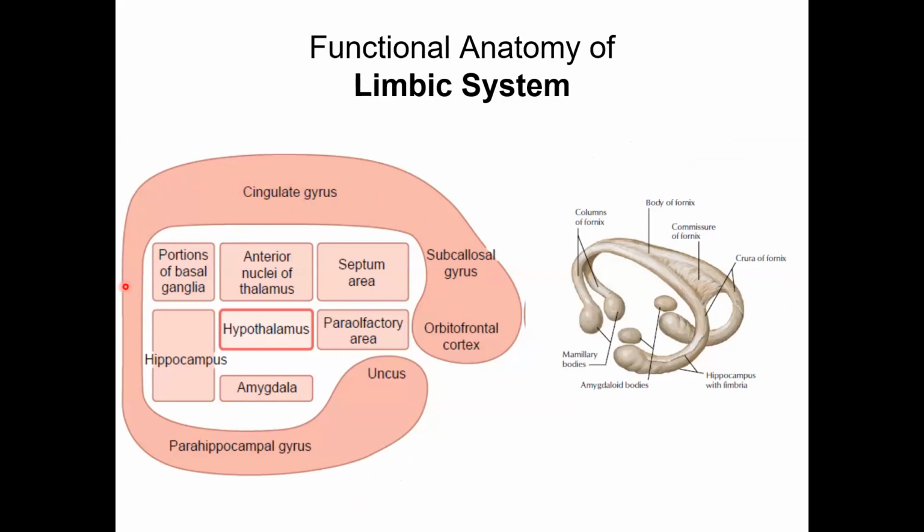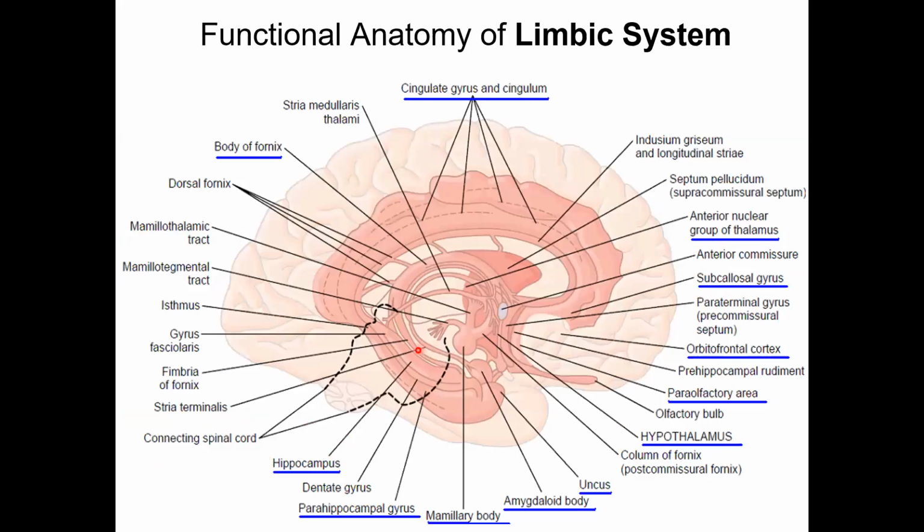It loops back again, and it's tucked under the hippocampus and amygdala, the parahippocampal gyrus. Let's go back and see it again. You have the hippocampus here, the amygdala here.